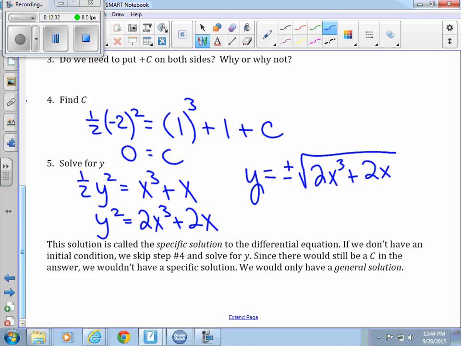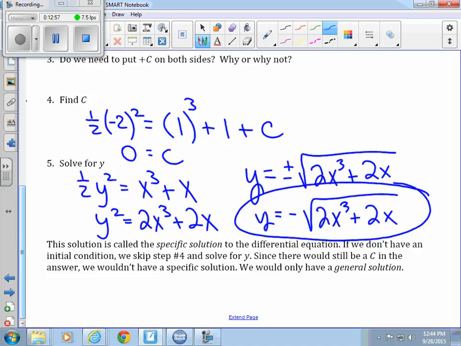Which one would give you the point 1, negative 2, plus or minus? Why the minus? Square root, right? So the square root will give you a positive value. So our initial condition, the answer is negative square root of 2x cubed.